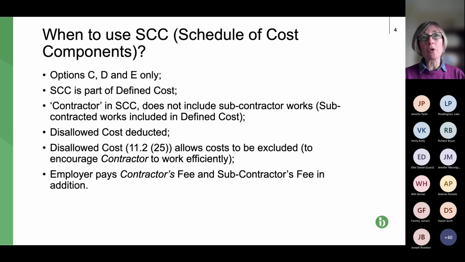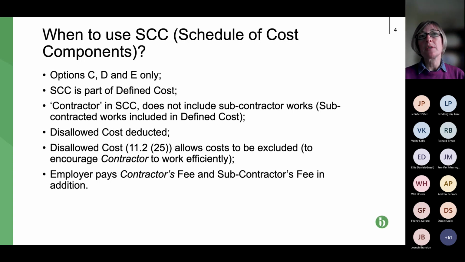In NEC 4, the subcontractor costs are included in the schedule of cost components itself, which I think is helpful because it moves it all to one place and avoids the risk that a junior QS might inadvertently miss the subcontractor costs simply because it's not in the schedule of cost components. It's just so we know the context.